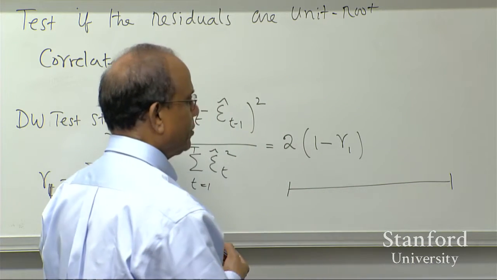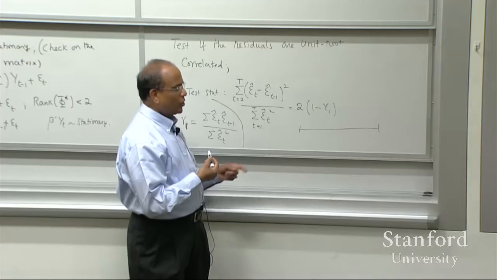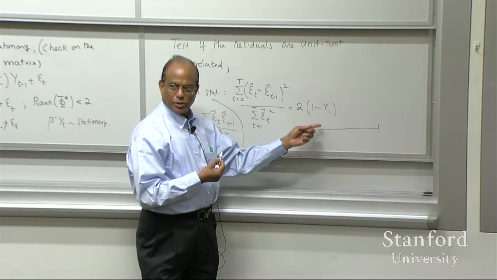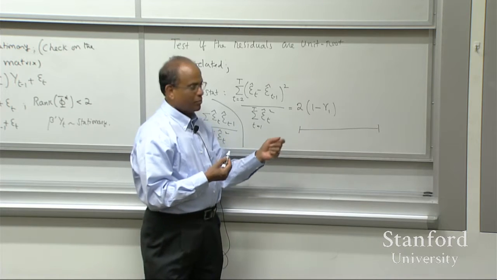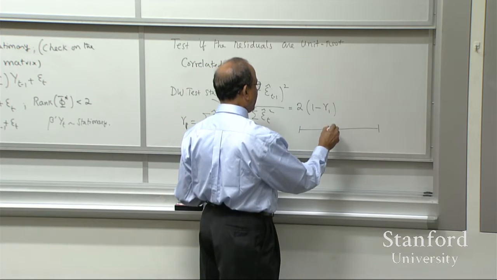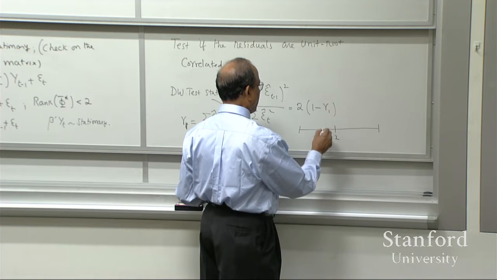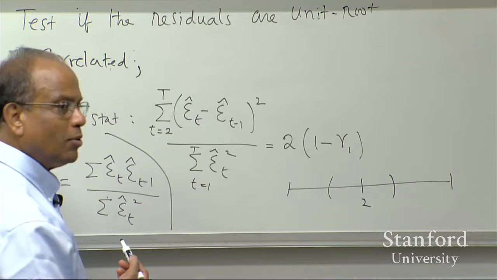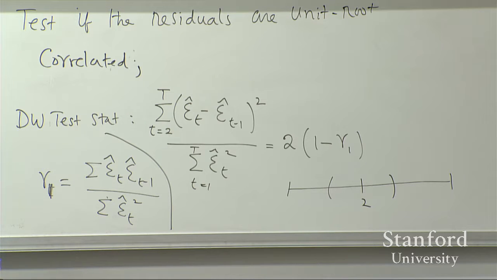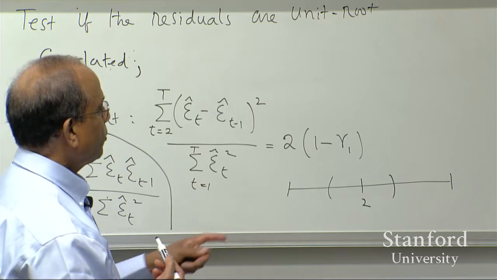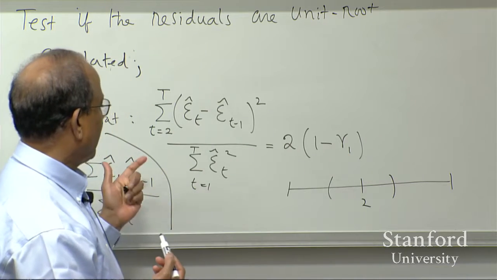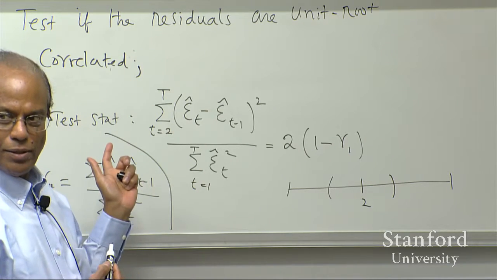If the autocorrelation R1 is 0, you get values close to 2, right? So, if you get numbers close to 2, you can say that there is no autocorrelation. If R1 is close to 1, what kind of values will you get for Durbin-Watson?